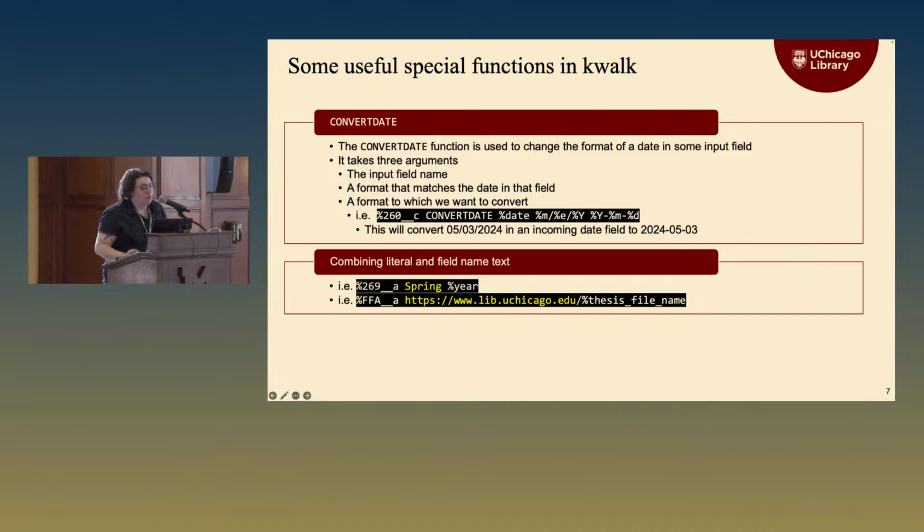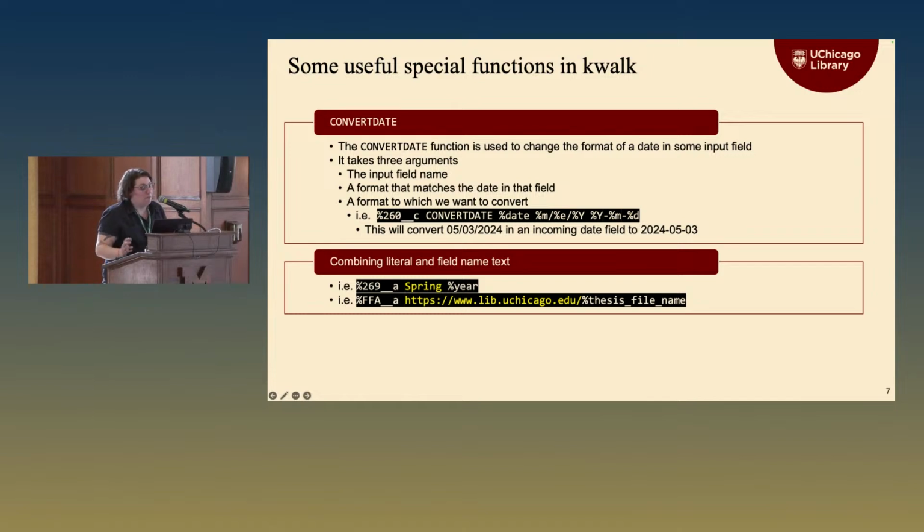So some useful functions in the kwalk. For example, for a long time, Excel was butchering my dates, and Keith built in a tool so that it would convert just the regular date format of 05/03/2024 to the format I needed for the repository, which is 2024-05/03.